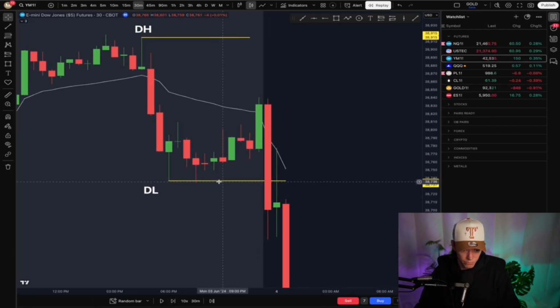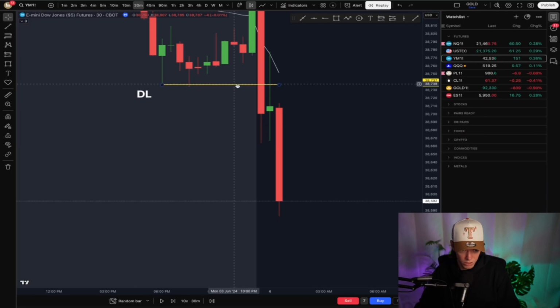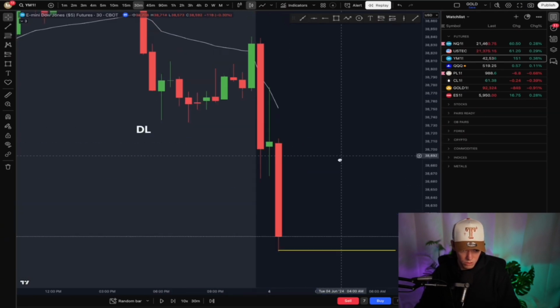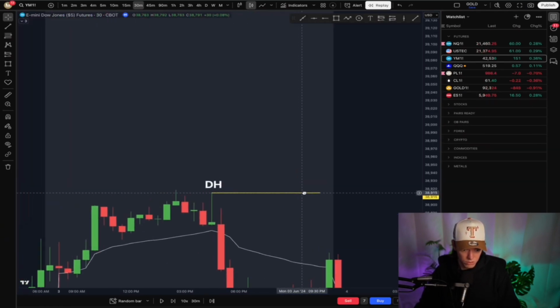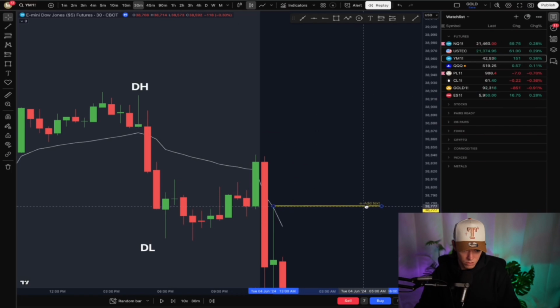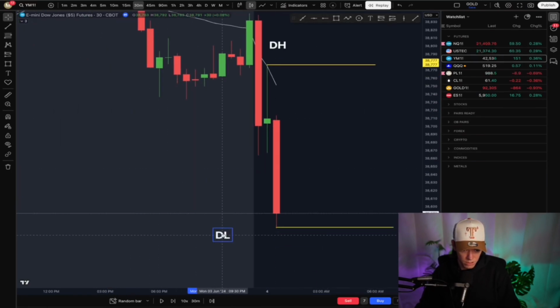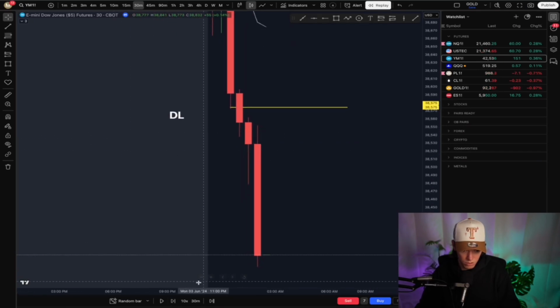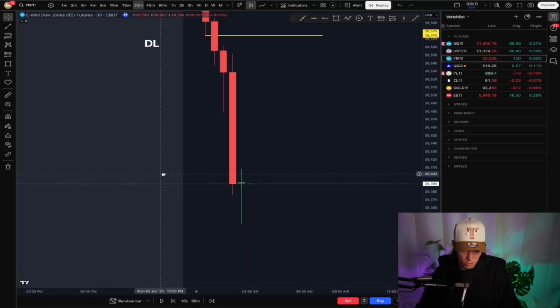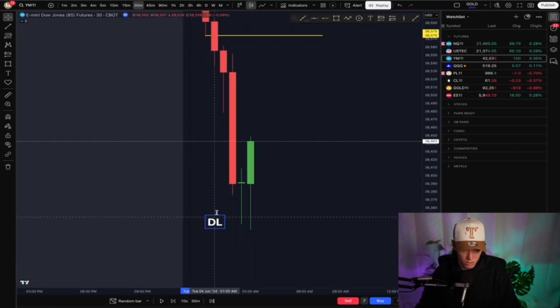There we go. Oh, we got multiple, so we'll go ahead and go to this low. Got another closure. Downtrend high. Downtrend low, but we gotta wait for a green candle to confirm the low. There's the green candle. This is our downtrend low.